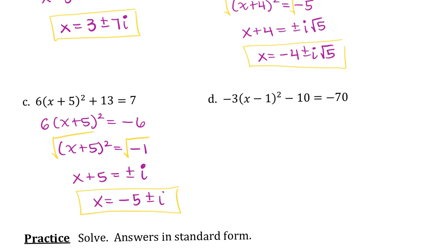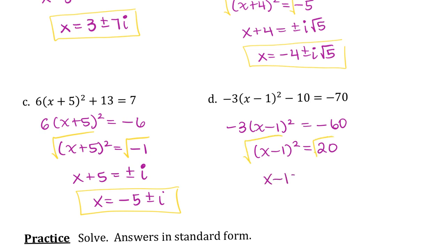Okay, let's try the next one. I'm going to plus the 10 over. Negative 70 plus 10 is negative 60. Let's divide by negative 3 now. Negative 60 divided by negative 3 is positive 20. Let's keep going. Square root.